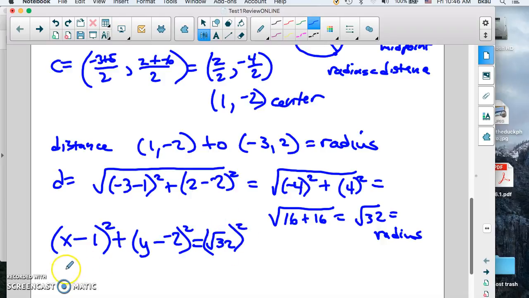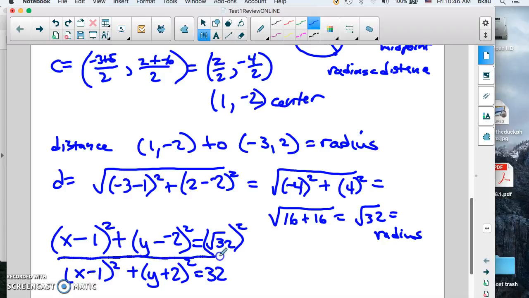So our final answer for this is (x - 1)² + (y + 2)² = 32. That would be our solution to the equation of the circle given that information.